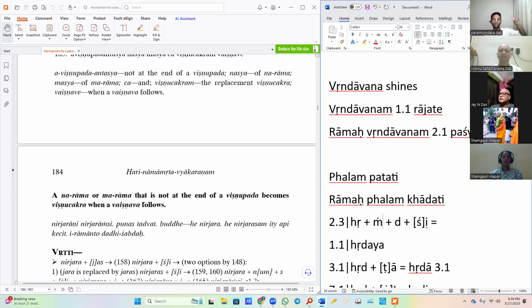And then again, we apply Vishnu Chakrasya Harivenu Vishnu Varge Vishnu Padantasya Tuva Sandhi. The Vishnu Chakra becomes the Harivenu as per the following letter's Varga. So the following letter belongs to which Varga? Ta Varga. What is the Harivenu of Ta Varga? That is Na. So again it becomes Na.